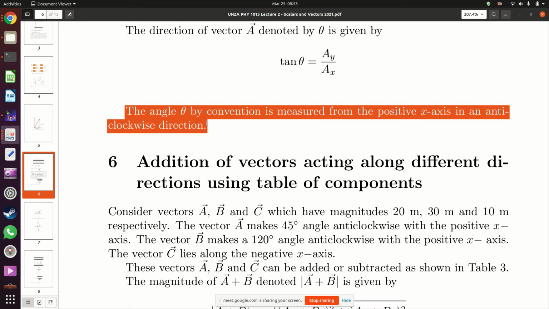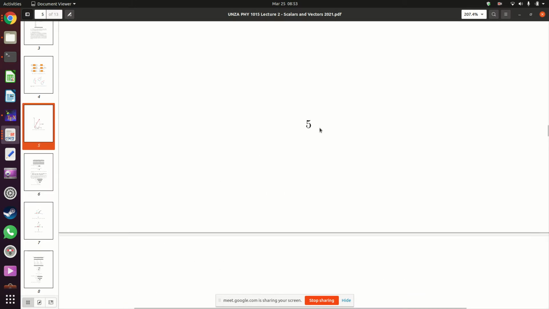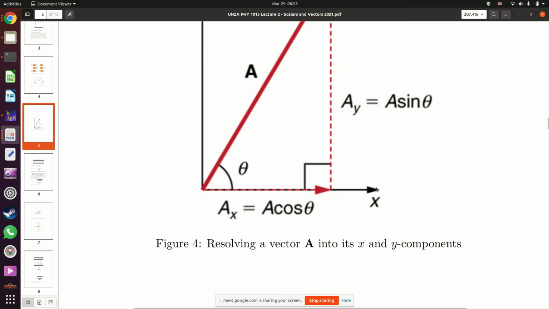We measure it from the positive x-axis and go in an anti-clockwise direction. A clock goes the other direction, the clockwise direction, down like that, and anti-clockwise goes up and the other way around.